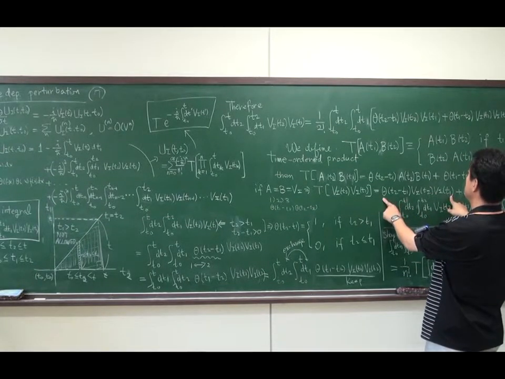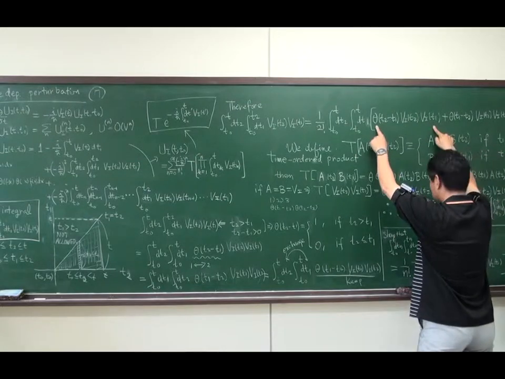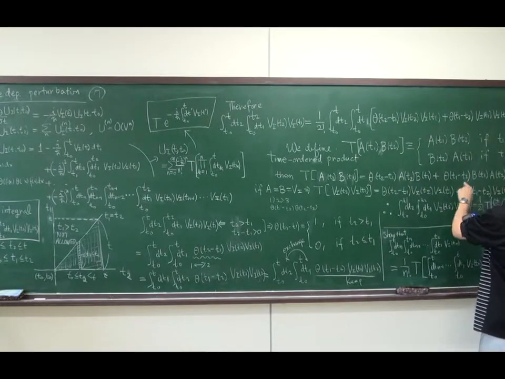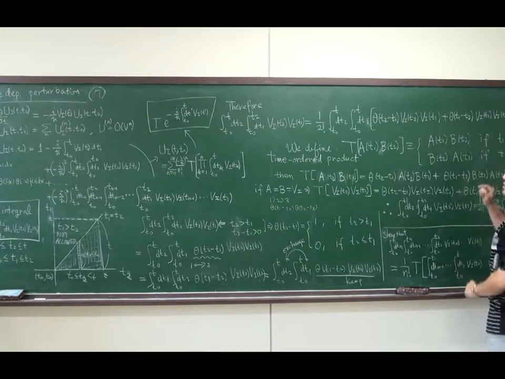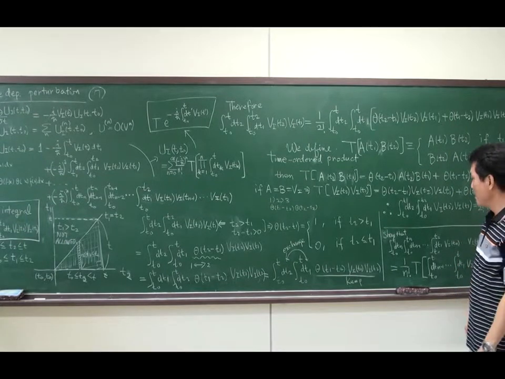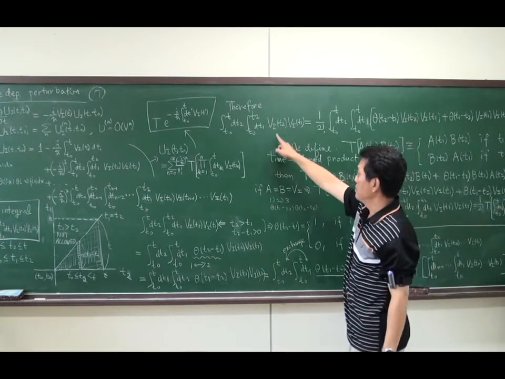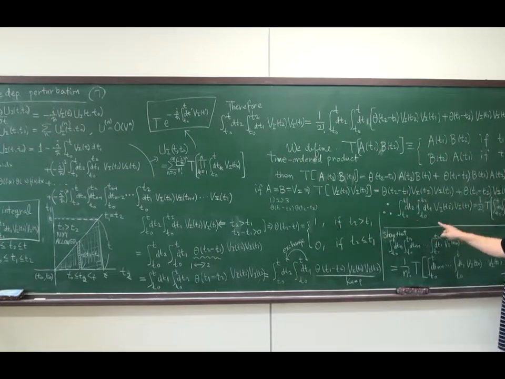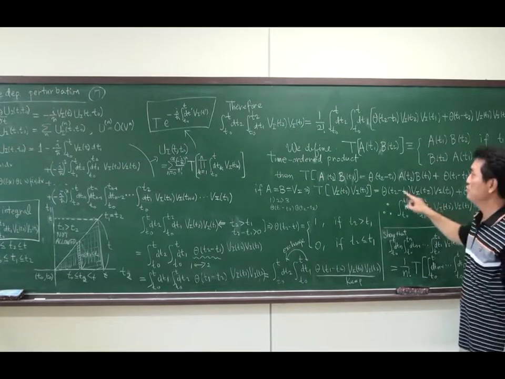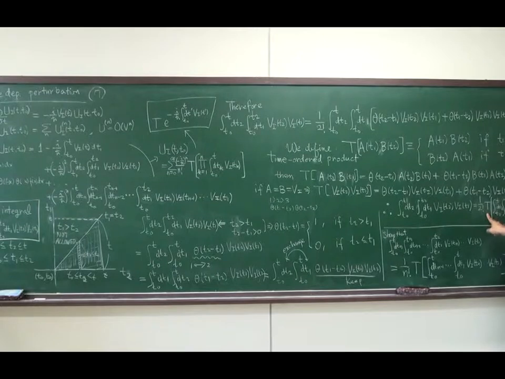This term is identical to this term. This term is identical to this term. Therefore, this integral is 1/2 factorial times the time-ordered product of V_I V_I.